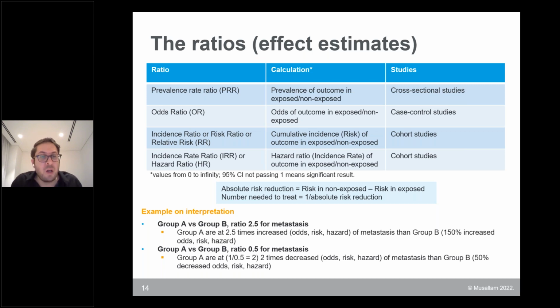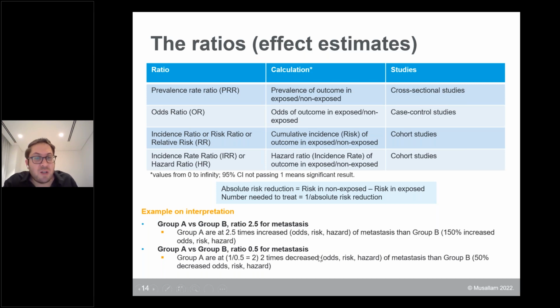We say that group A are at 2.5 times increased odds, or obviously risk or hazard, whatever you use from these ratios in this table, of metastasis than group B. 2.5 times increased odds, increased risk if we're talking about incidence, increased hazard if we're talking about incidence rate, of metastasis than group B. And in reality, this means 150% increased odds, because their odds is 1, and then 1.5 more than that is 150%.